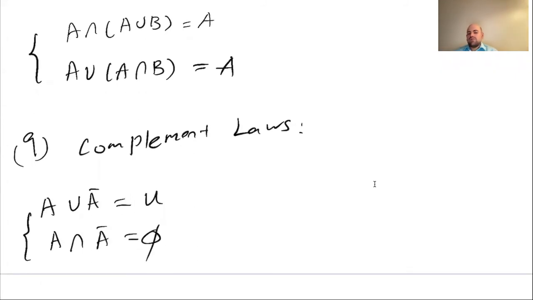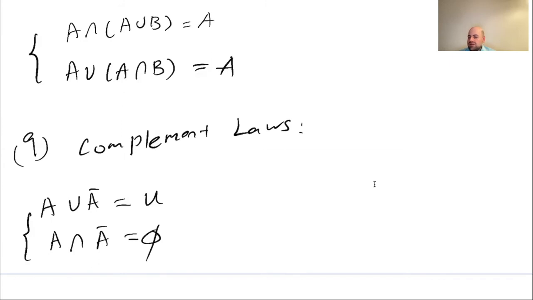Let's look at the last one, for example. A union A complement means elements which are in A or in A complement. But every element in universal set is either in A or A complement, right? Because if an element in the universal set is not in A, then by definition it has to be in A complement, because A complement is a set of elements which are not in A. So that's why A union A complement is the whole universal set.